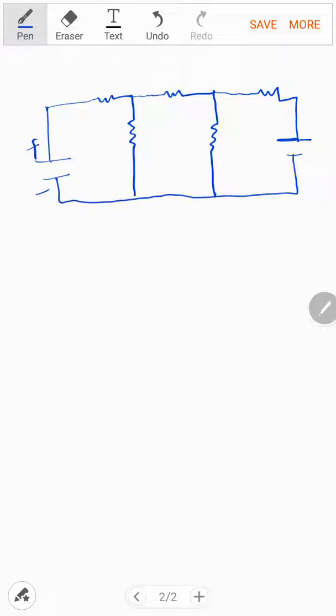This is minus, positive, and this battery source, that is voltage source, we will say is E1 and this is E2. Let's keep the resistances R1, R2, R3, R4. Before we start, we have to select the reference point.